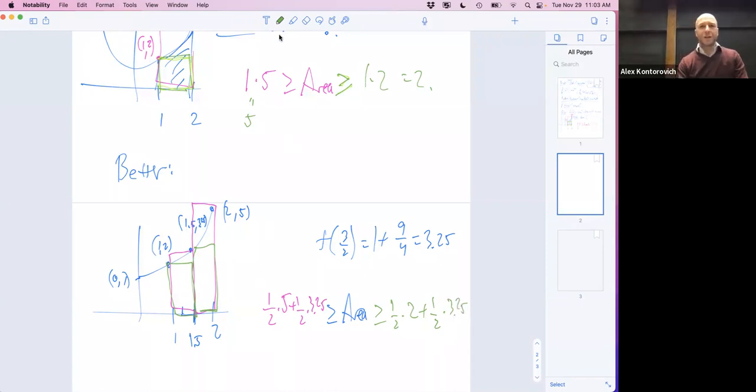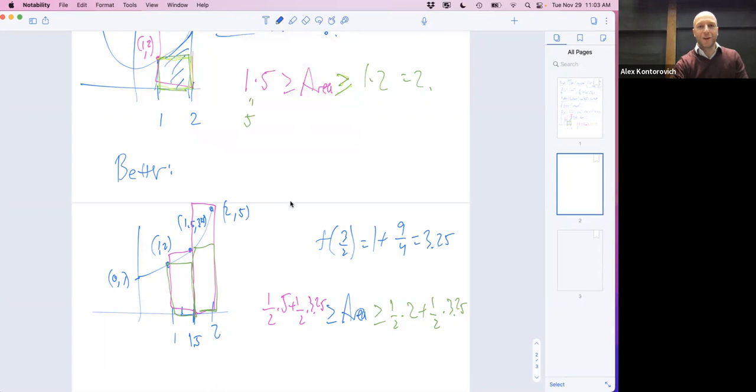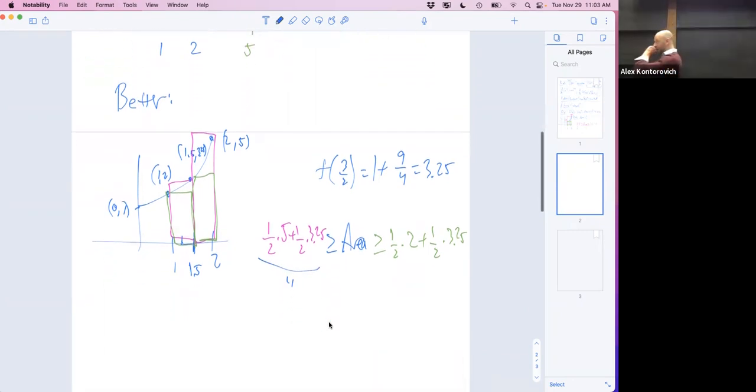Okay, so what do these come out to? You guys see what's going on. What do these come out to? What's the average of 5 and 3 1/4? 4.125.